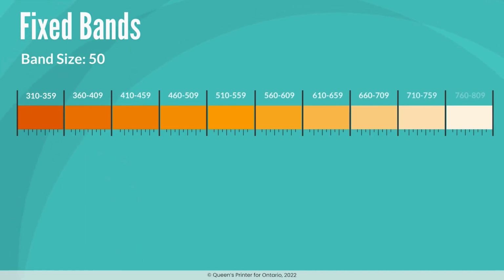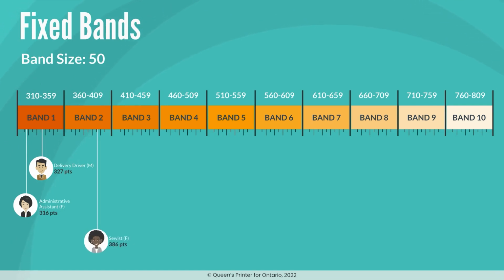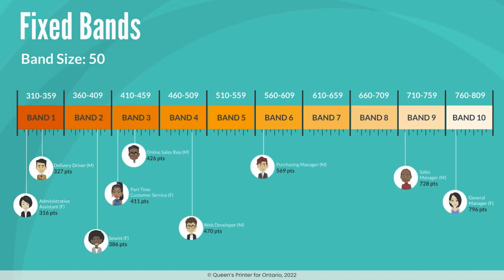We can simply call them band 1, band 2, etc. Since our administrative assistant job class has 316 points and the delivery driver job class has 327 points, they're both in band 1. Since our sewist job class has 386 points, it is in band 2. This goes on until the highest range with the general manager.